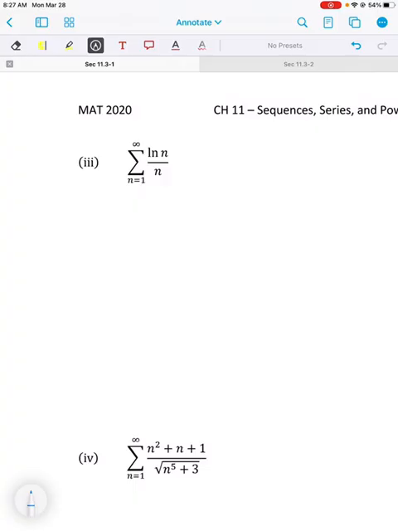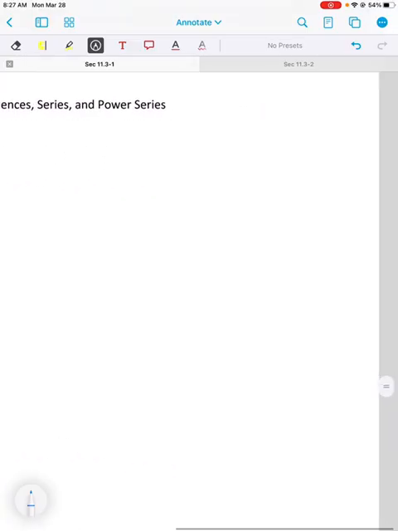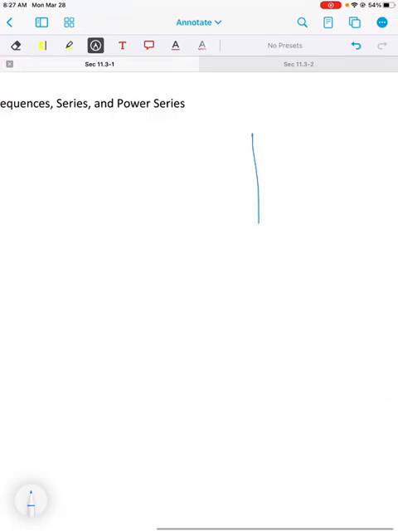Try to graph the function ln of x over x, and you will see that the graph looks something like this.